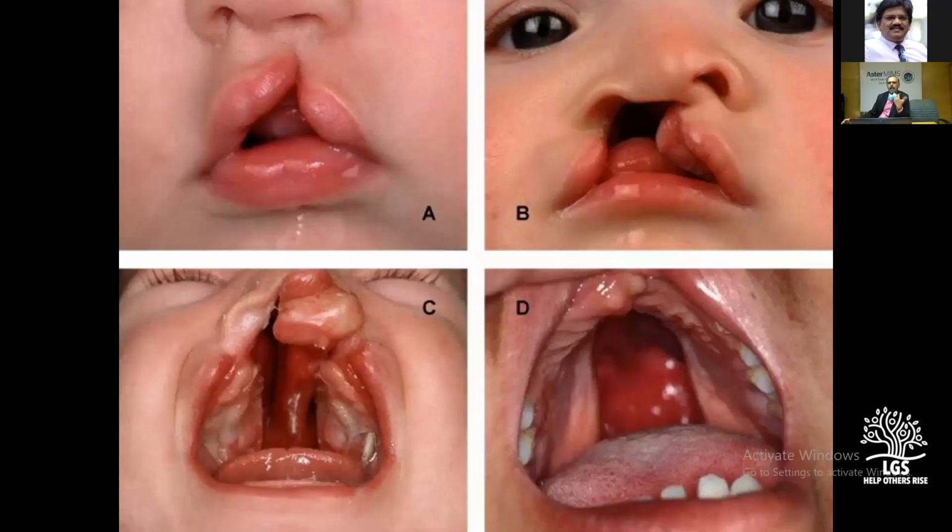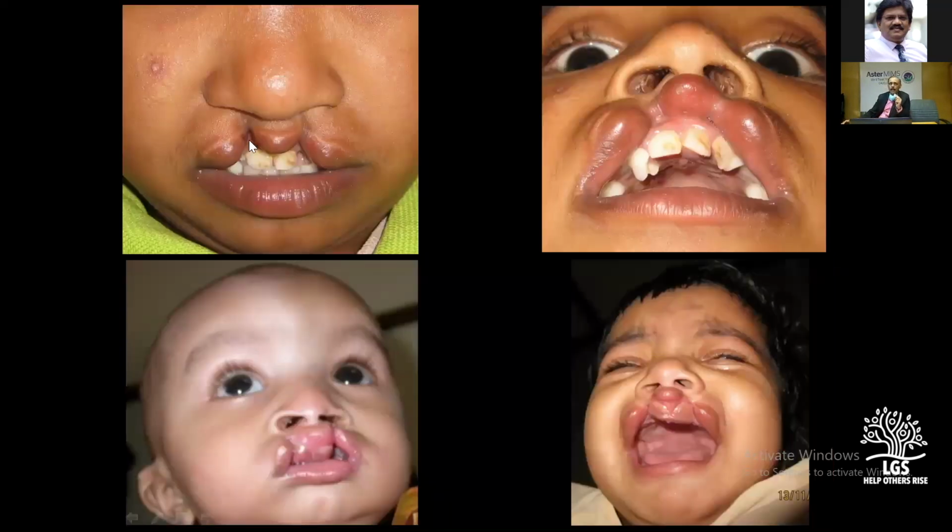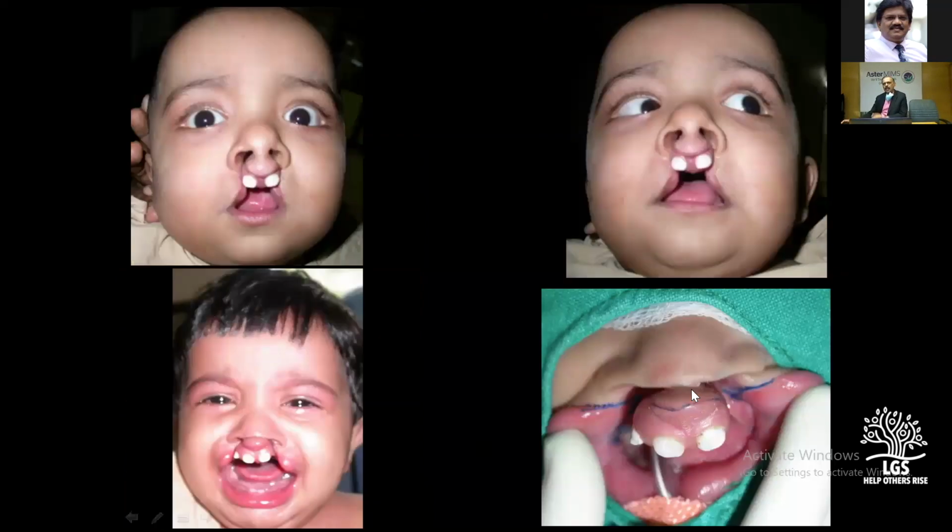Right. So I again showed you a pictorial representation of the various varieties of clefts. You have an incomplete cleft, a complete cleft, and a bilateral cleft where one side is complete and one side is incomplete. There's a complete cleft of the palate, a bilateral cleft that's incomplete. You can see a bilateral cleft where the alveolus is cleft on one side, but just the soft tissue is cleft on the other side.